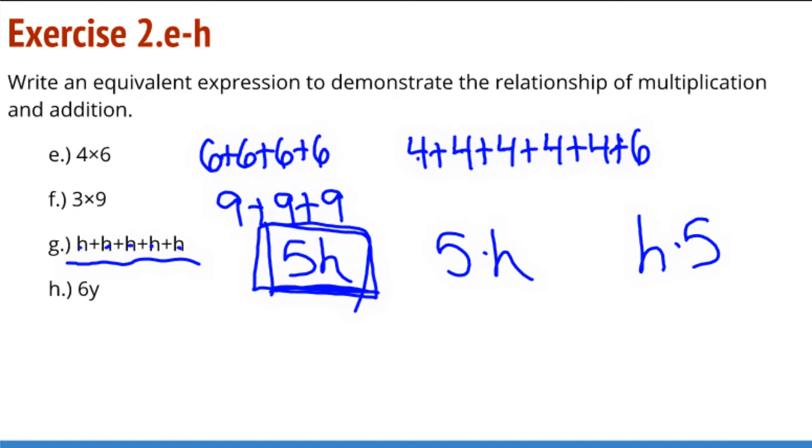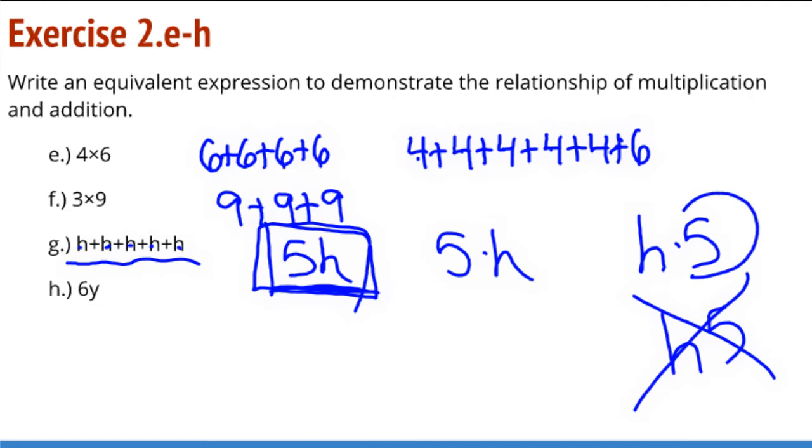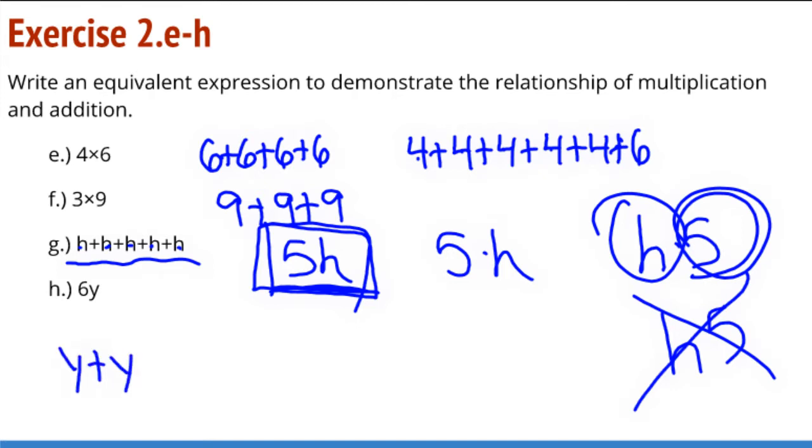We would not write it this way. That's a no-no. If we're going to put them together with no multiplication symbol, the 5 comes first, the variable comes second. All right, and we've got 6 y's here. Y plus y plus y plus y plus y. 1, 2, 3, 4, 5, and one more, 6 y's.